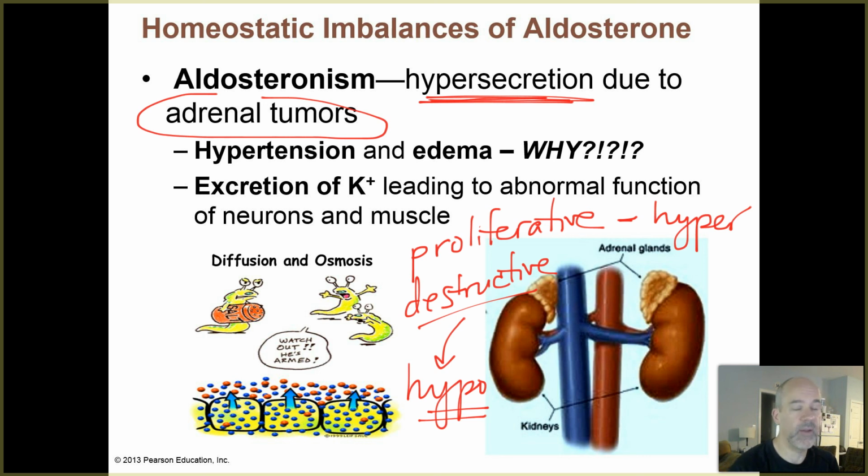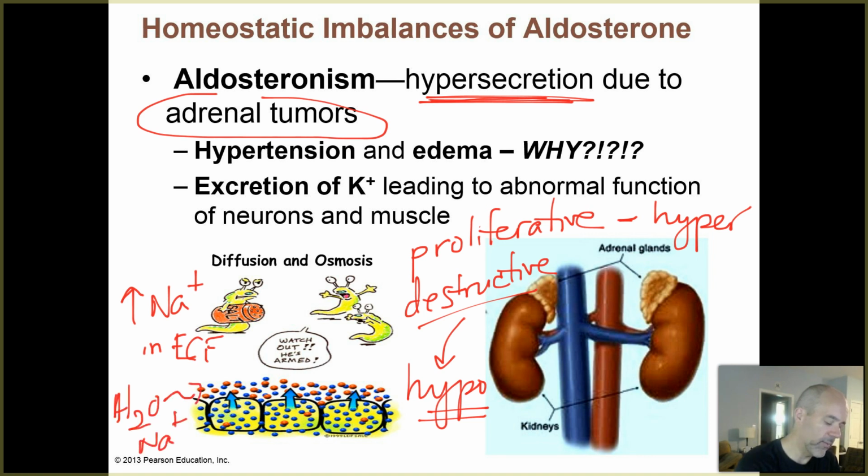All right, so what's going to happen if you produce too much aldosterone? The function of aldosterone is to increase sodium ion levels in our ECF. And then what's going to happen? Water follows sodium. That's basic osmosis.